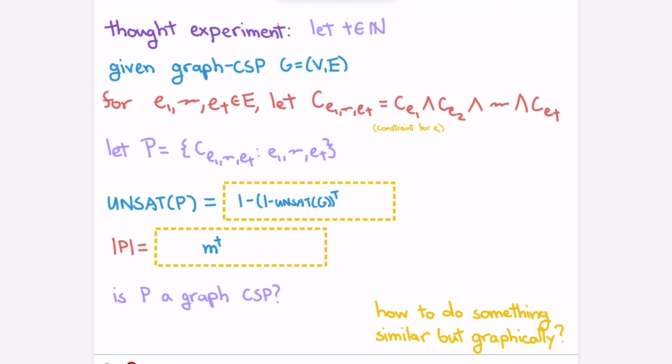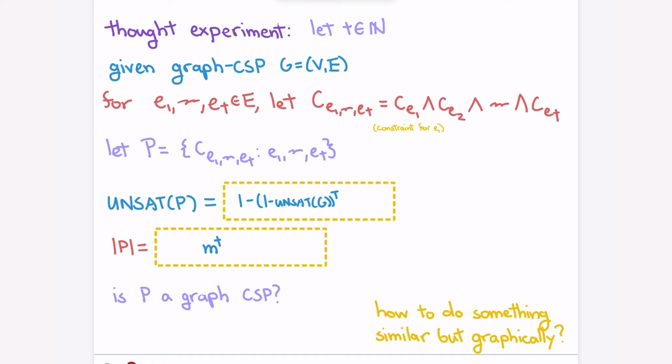And unsat G is really small in the case we're interested in, because once unsat G is at least a constant, we're done. So basically, if you do bundles of T constraints, you'll increase unsat by a factor of T, and your number of constraints will go up.